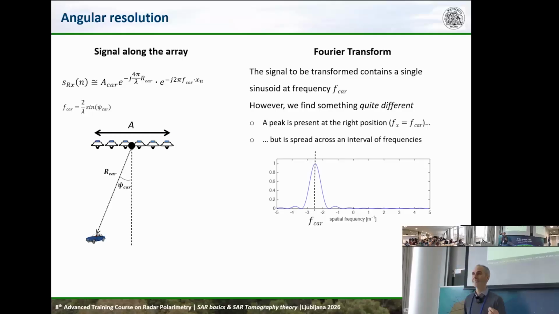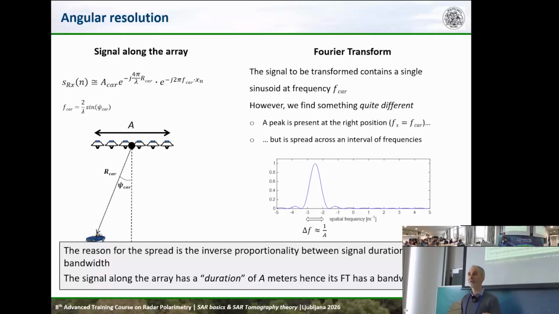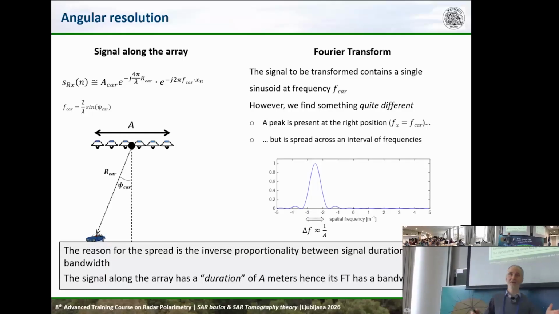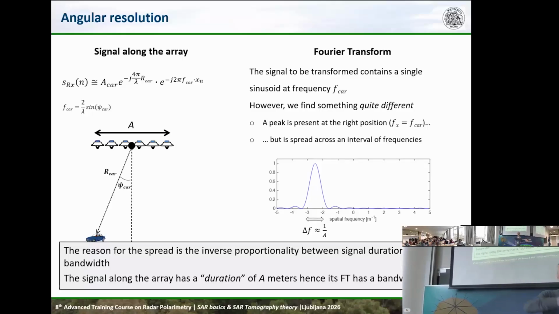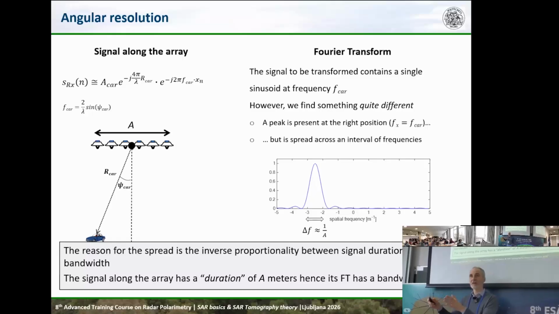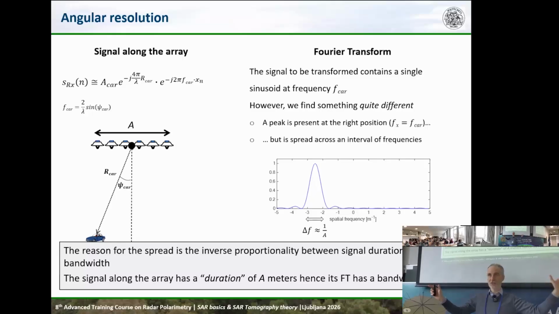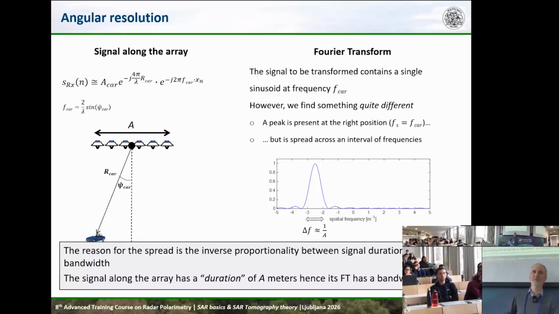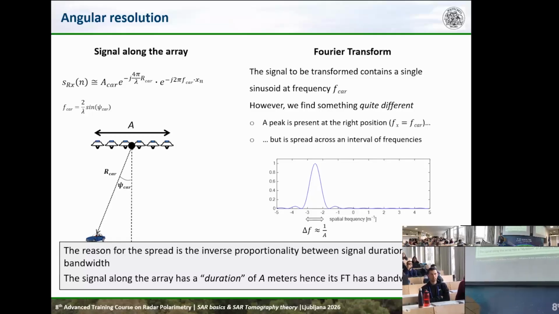And why? Well, we saw before that the duration in time of a signal is the inverse of its bandwidth, the inverse of the width that it occupies in the frequency domain. So a short signal has a large bandwidth, a long signal has a short bandwidth. That was in time. And now we are in space. So what is the duration of the signal in space?